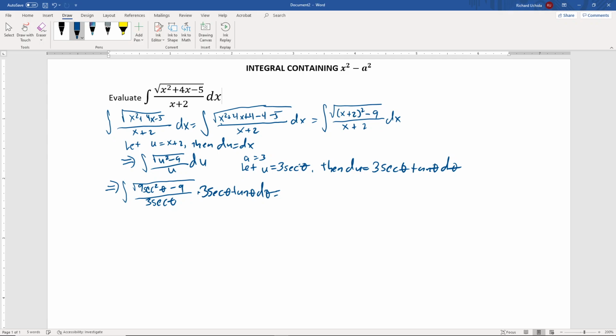Now simplifying this out, we could pull out the 9 outside the radical, but remember when you do that, you take the square root of that 9, so this would be 3 times the square root of secant squared of theta minus 1 all over 3 secant of theta times the 3 secant of theta tangent of theta d theta. You could have also canceled the 3 secant of thetas on the top and bottom.